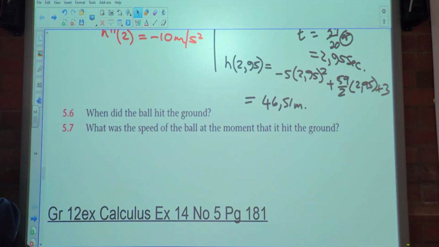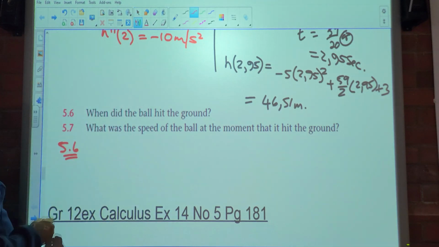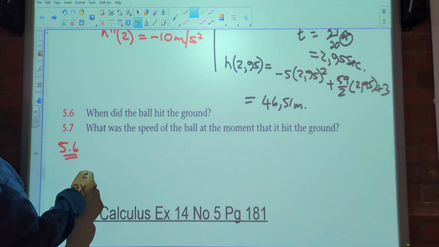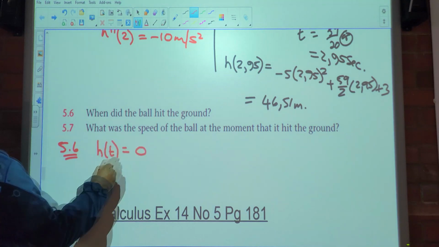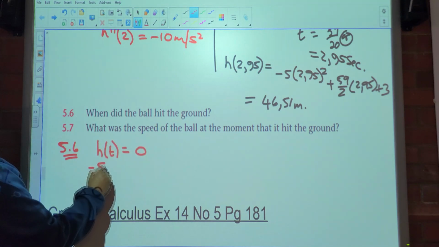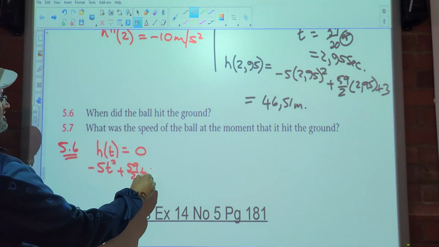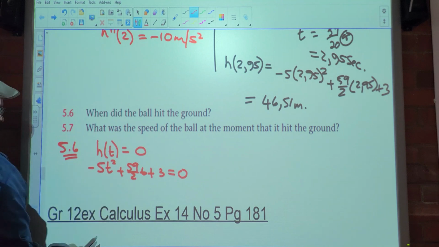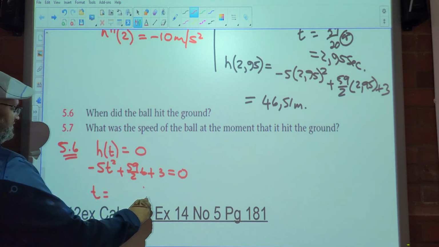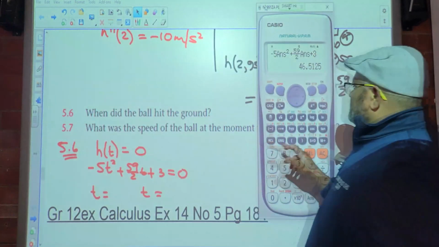The next question: when did the ball hit the ground? The ball hits the ground when your height is equal to 0. So negative 5t squared plus 59 over 2t plus 3 is equal to 0. You can apply the quadratic formula, or complete the square, or however else you would like to do it. I'm just going to use the calculator.